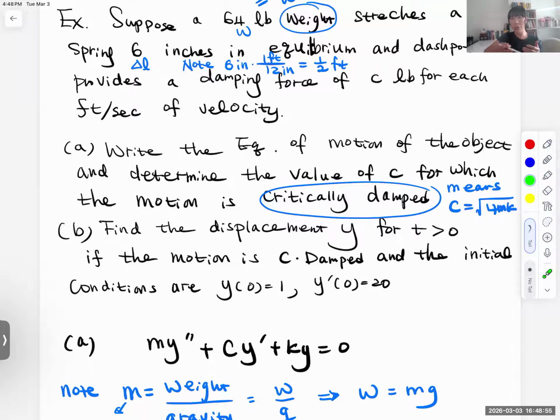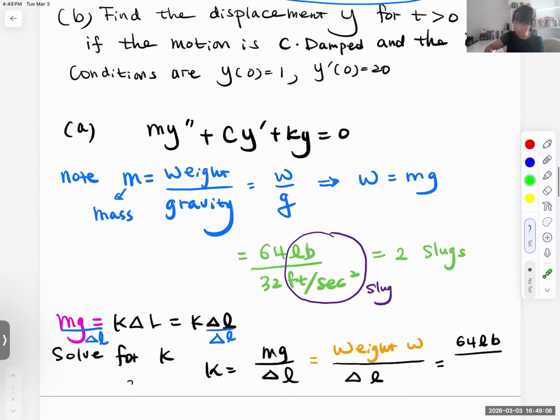We want to convert to feet, and 1 foot is 12 inches, so 6 out of 12 is 1/2 foot.